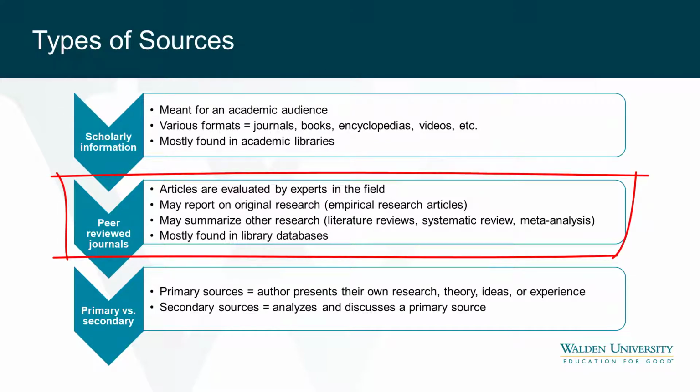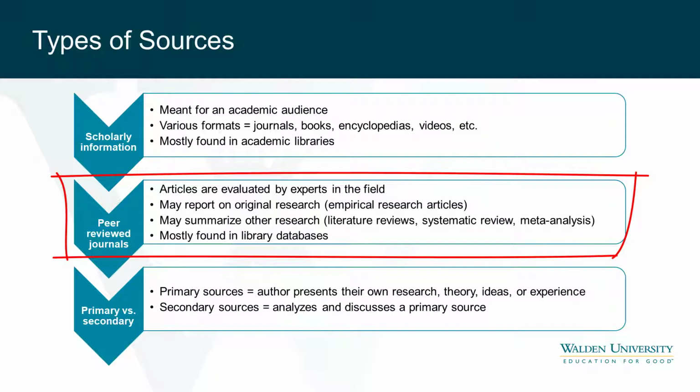Peer-reviewed journals are a type of scholarly publication. Articles from these journals go through a special review process where they're evaluated by experts in that field. They might report on original research, which we call empirical research, or they might summarize other research, which includes literature reviews, systematic reviews, and meta-analyses.